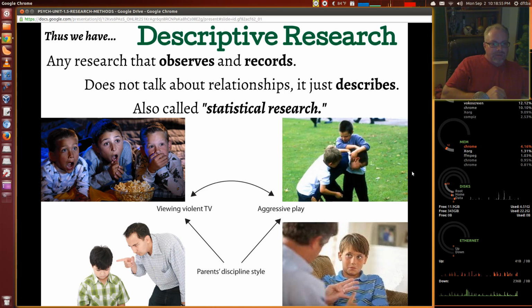So if you were trying to do some kind of research that dealt with violent viewing of television resulting in aggressive play, and you also wanted to take into account parental discipline style, whether it's authoritative with the finger wagging and pointing, or maybe on the bottom right hand side of the screen, it's a parent who is giving a child choices.